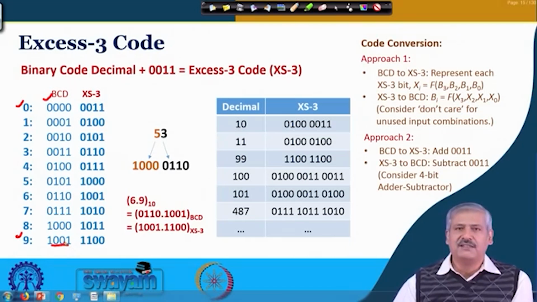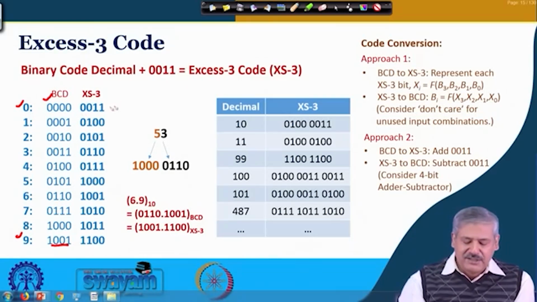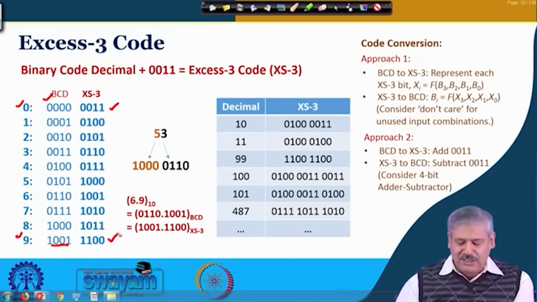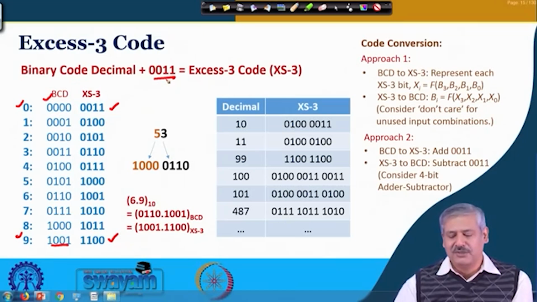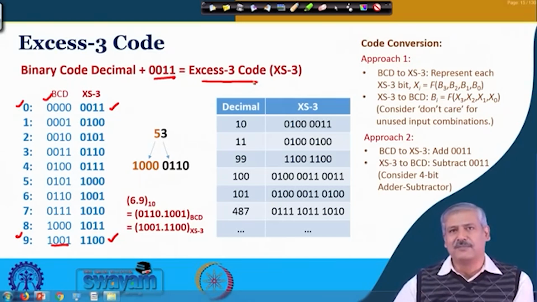In XS3 code, 0 to 9 is represented by 0 0 1 1 to 1 1 0 0. That means, whatever the binary code is, add 0 0 1 1 to it and we get the XS3 code. Why are we doing this? What is the benefit? It will be clear very soon, we shall discuss that part. First we see how it is represented.